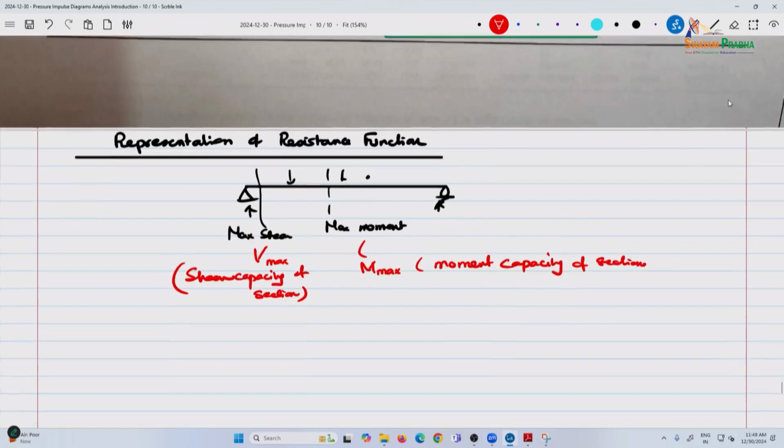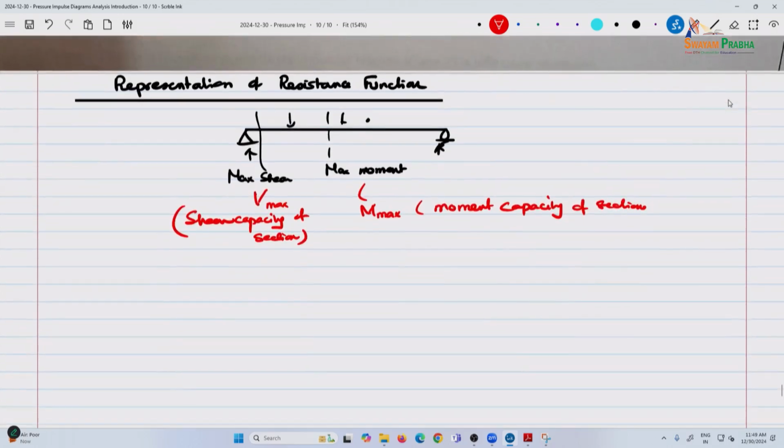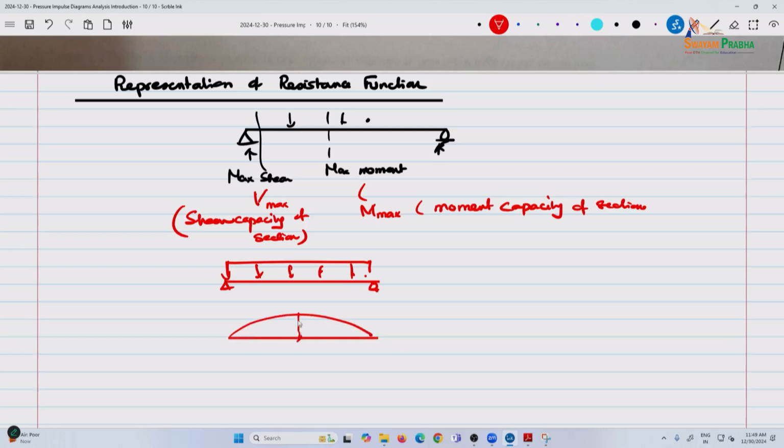So, for example, we know that if you have a distributed load, the moment diagram is going to be WL squared over 8 is M max.